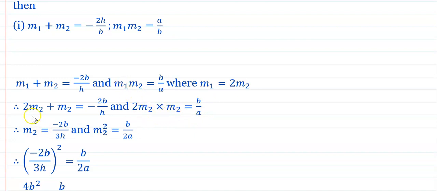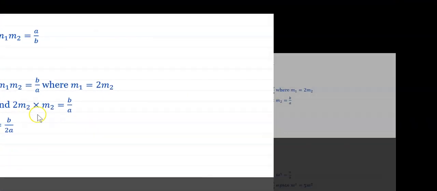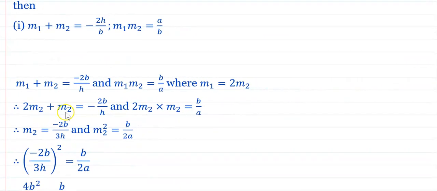Simplify again: 2 times m2 plus m2 means 3m2. Therefore, m2 is equal to minus 2b upon 3h. And what about their product? That is 2m2 square is equal to a upon b, so m2 square is equal to a upon 2b.